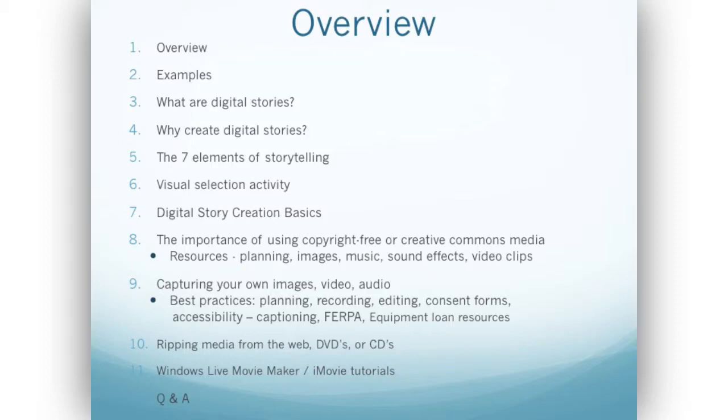I'm going to show you a video about how to do this with the software, and then I'm going to go over copyright-free Creative Commons media, give you a bunch of good resources, show you how to use some of those, and cover best practices for video and audio recording, as well as the equipment loan resources that you have available to you here in the college through EdTech over in the College Commons, and some more resources, and time for questions and answers.